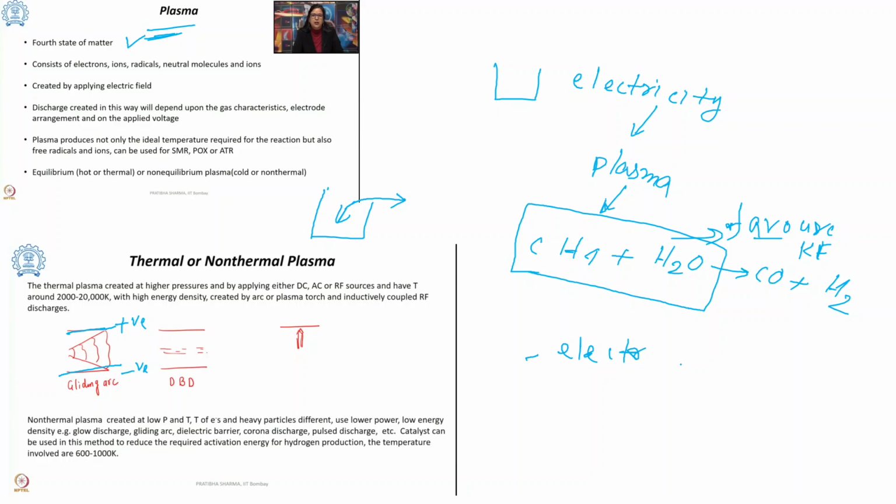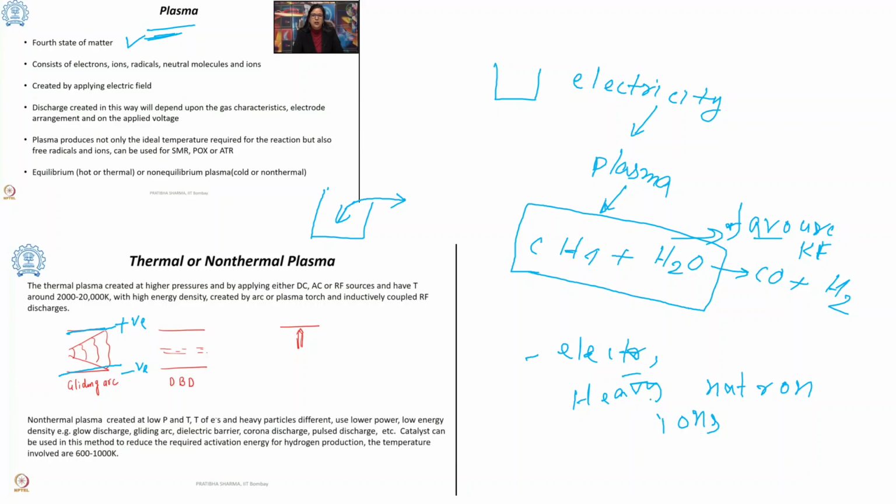In the plasma there are electrons, and also heavy particles, heavy neutrons, and ions.